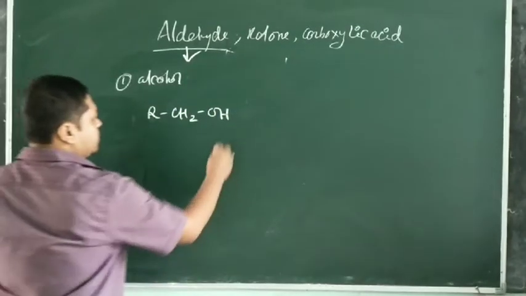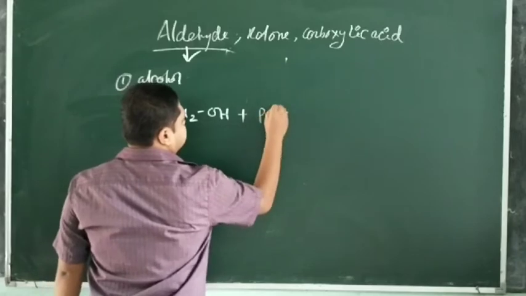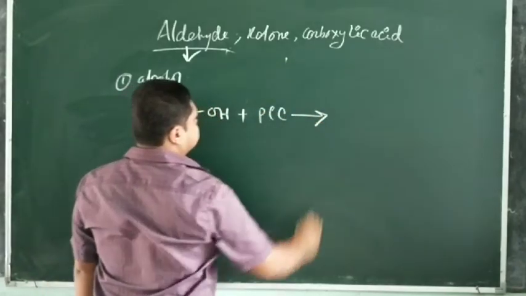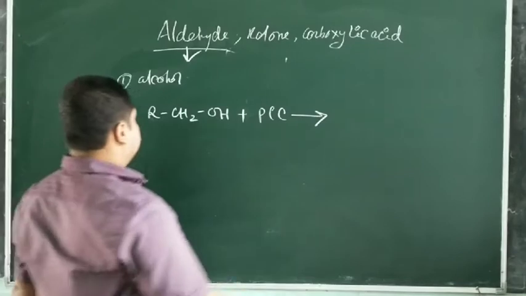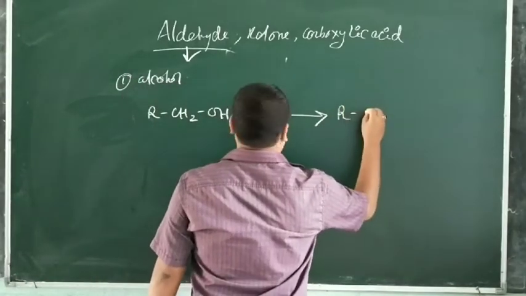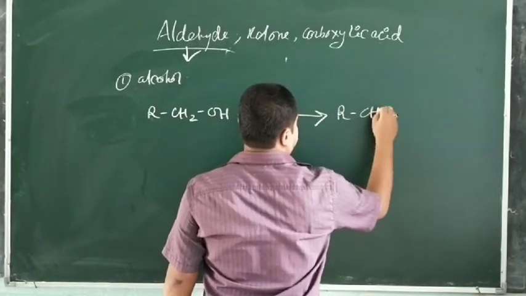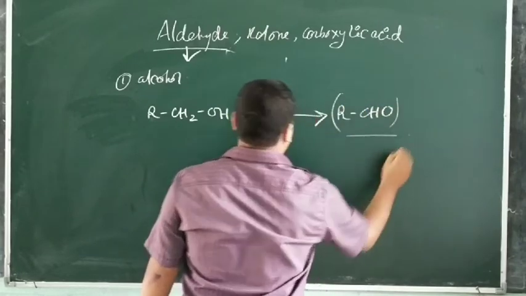Okay, so oxidation. When alcohol is oxidized, this is a primary alcohol. When oxidized with PCC, which is a weak oxidizing agent, then RCHO, this is aldehyde, is formed.